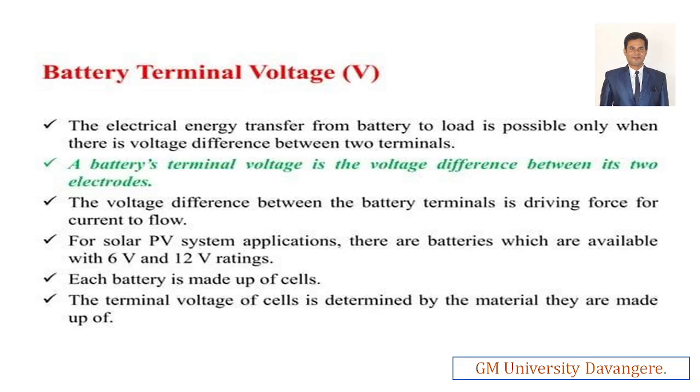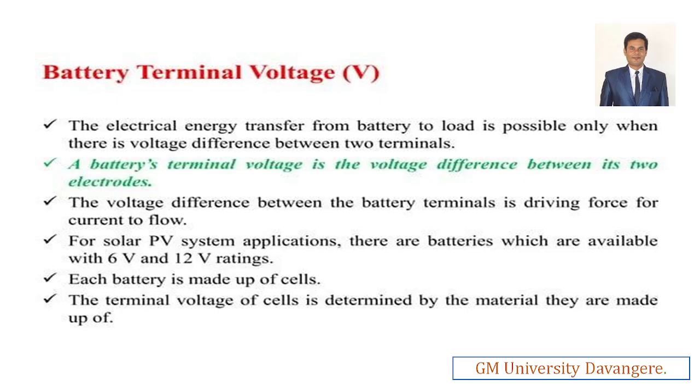So like that. So battery terminal voltage tells about the energy transfer from the battery to the load. How much energy can transfer from the battery to the loads when there is a voltage difference between the positive and negative terminals. Right, the battery terminal voltage is the voltage difference between its two electrodes, that is the anode and cathode, right?